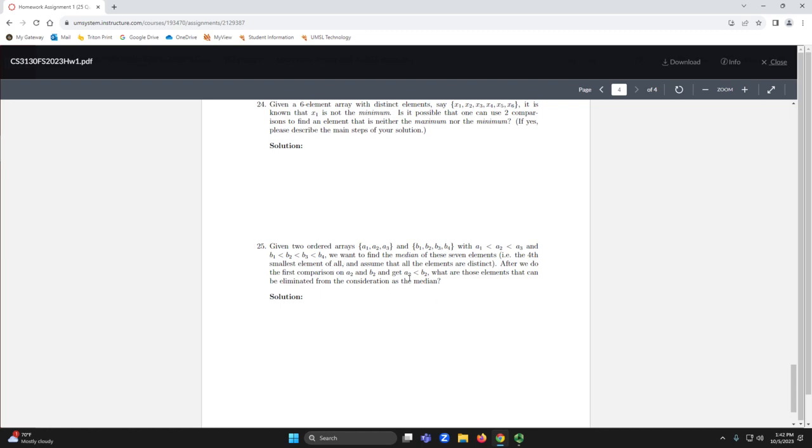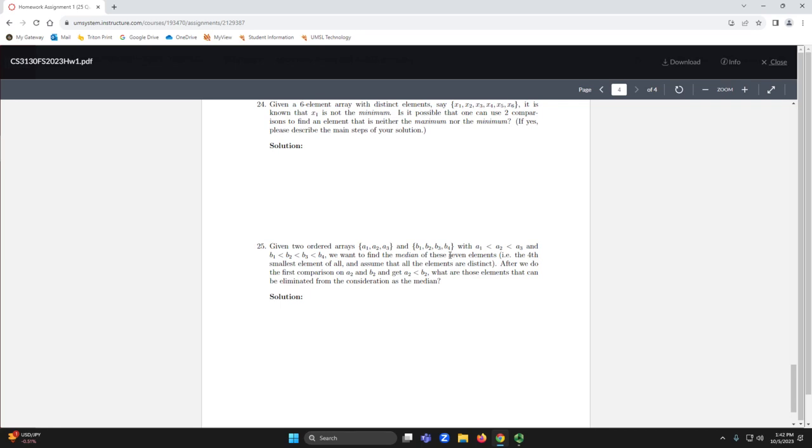Then we also know after the first comparison, A2 is less than B2. Our goal is to find the median of these 7 elements. You know what the median is: after the 7 elements are sorted, the one in the middle. We want to find that.